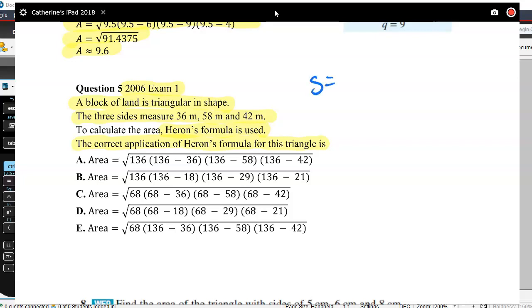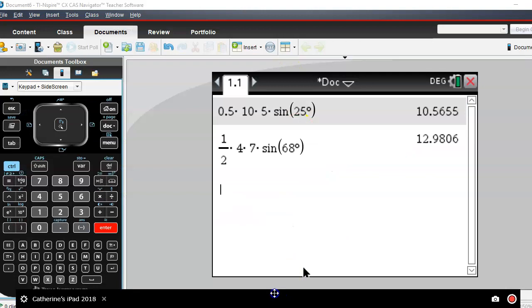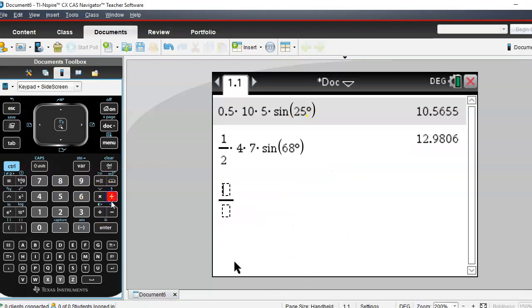So S equals 36 plus 58 plus 42 divided by 2. So S equals, yes, I'll pop that in the calculator, 36 plus 58 plus.